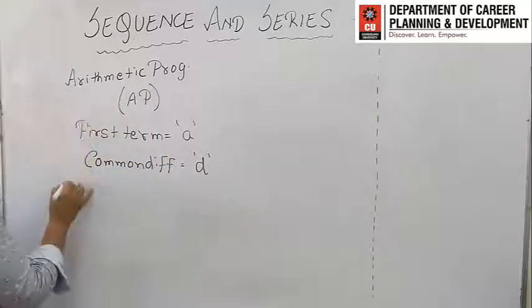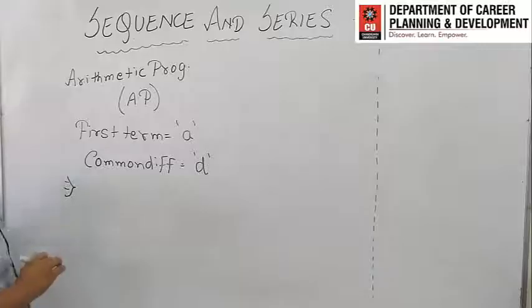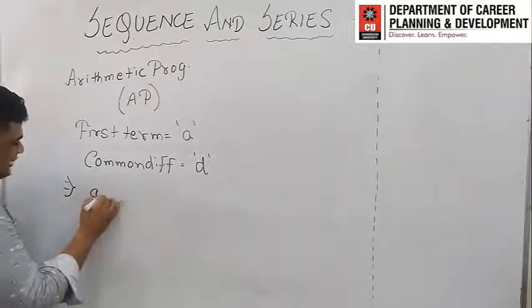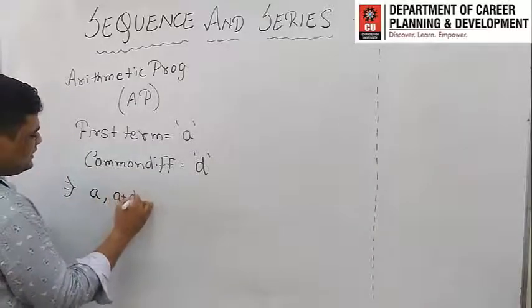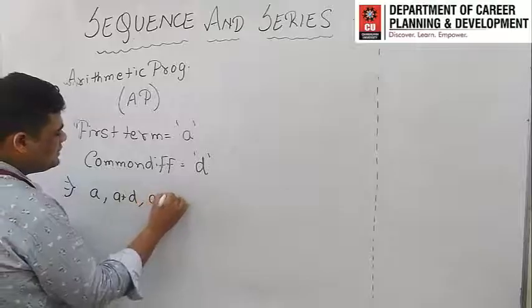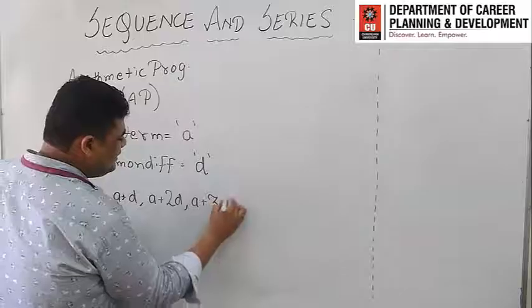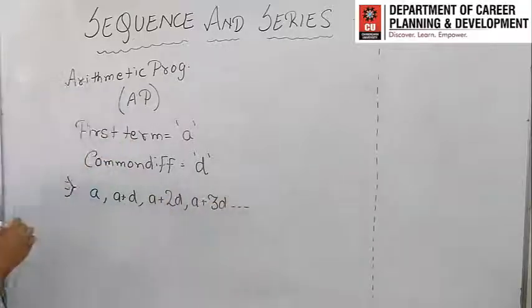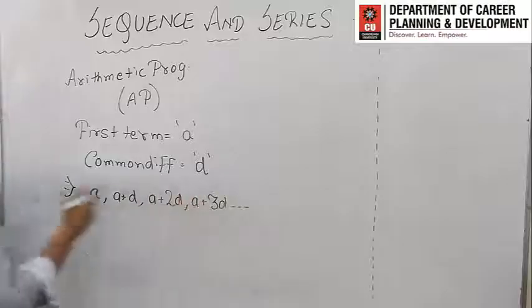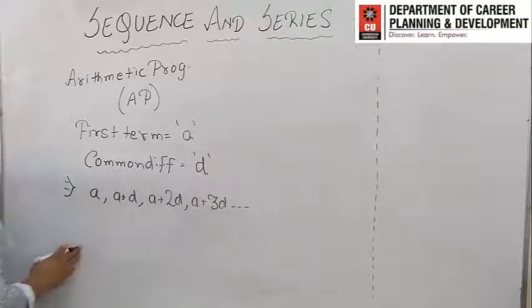Now if I have to arrange any series in arithmetic progression, I will write it as A, then A plus D, then A plus 2D, A plus 3D, and continuously. In this way, you will arrange your arithmetic progression. Now this arithmetic progression can be in descending order or in ascending order.